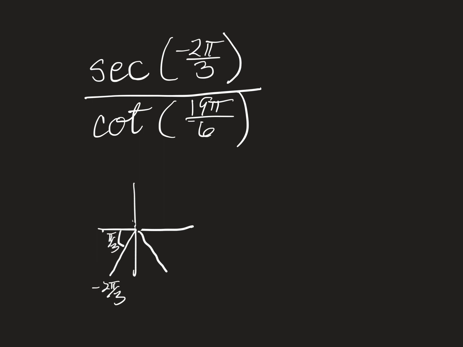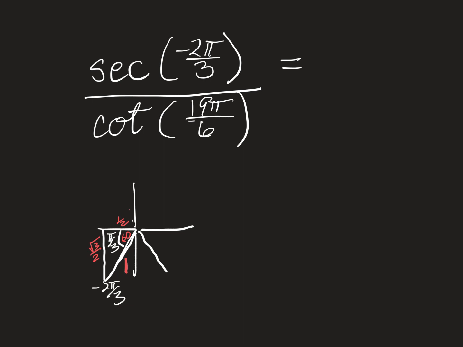Now, there are 3 ways I can find that value. So let's go through all 3. One of them is I could look at the right triangle. And I could remember that if this is 1, pi over 3 is 60, all right? So the shorter leg is half of that, and the longer leg is the square root of 3 times the shorter leg, okay?